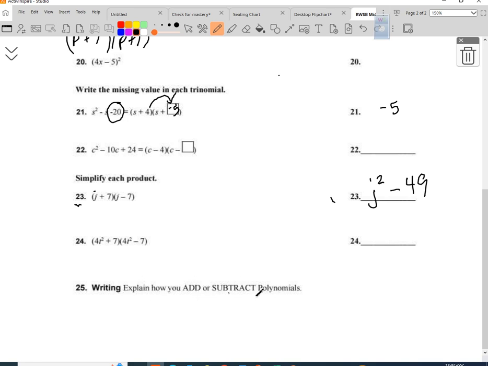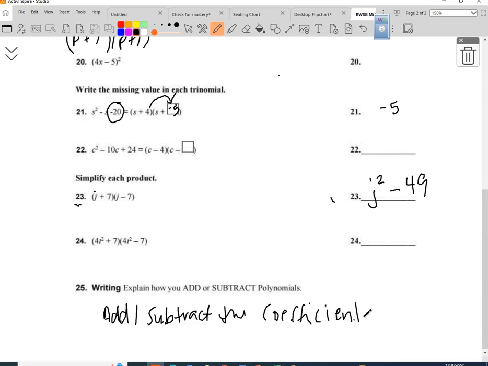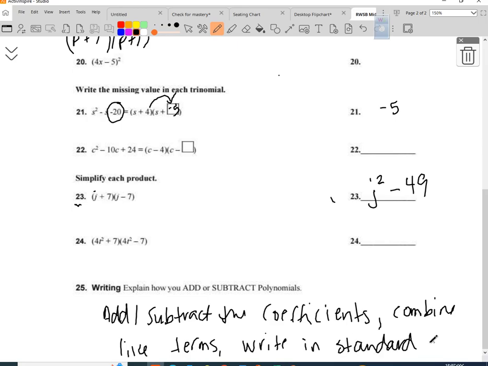So to add and subtract polynomials, add and subtract the coefficients, combine like terms, and you write in standard form. Something like that would be fine.